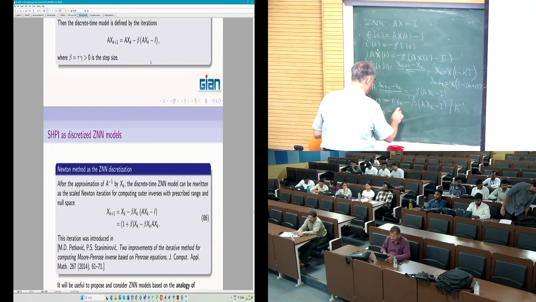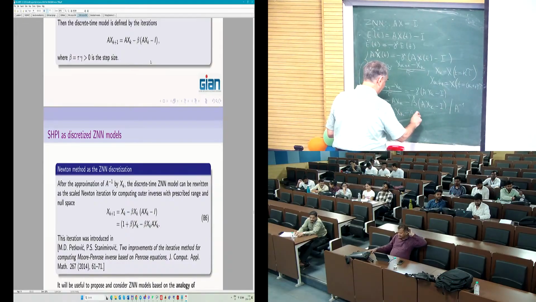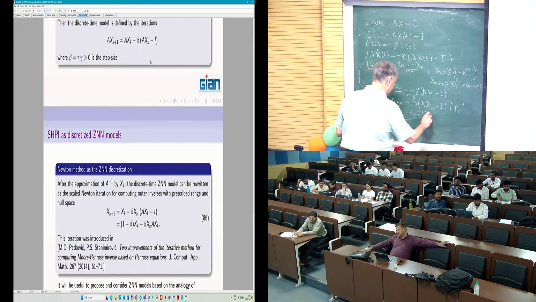It equals the old iterative value minus beta A minus 1.